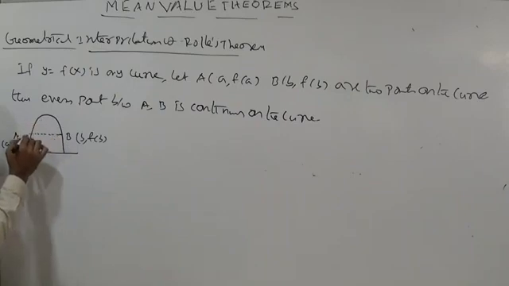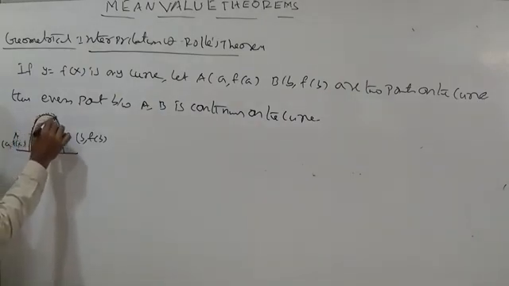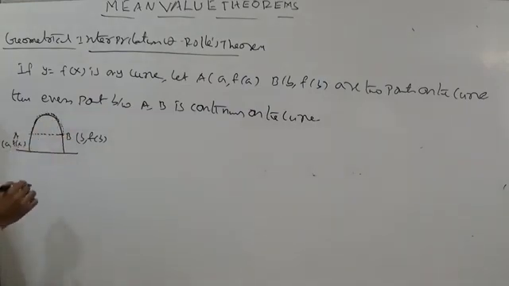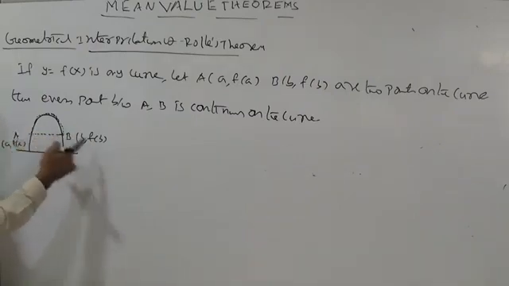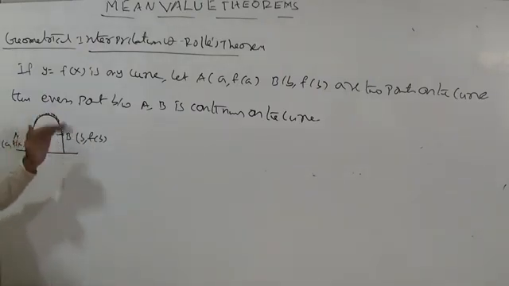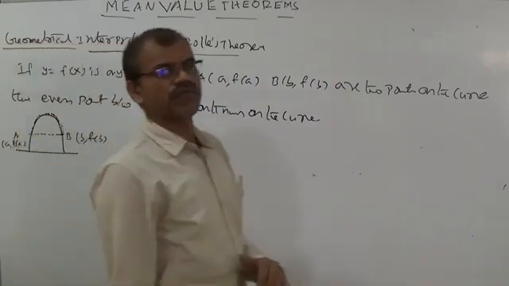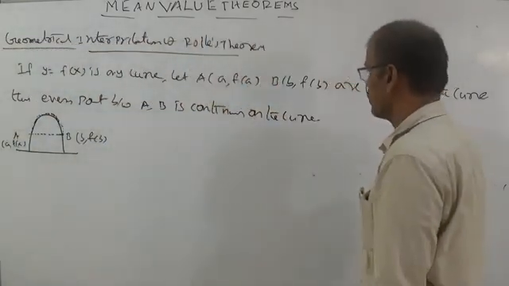There are so many points, and all points are continuous like this, which means there will be no gap. Every point should satisfy the value between A and B. It is a continuous curve and it is differentiable on the open interval a comma b.